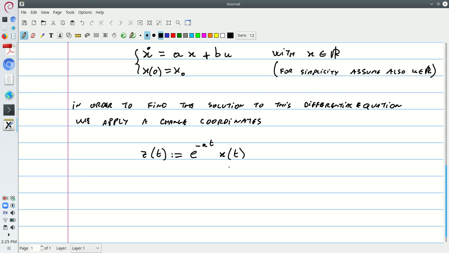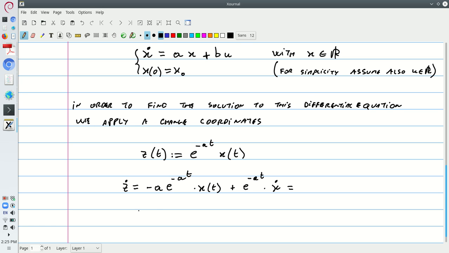So this is a change of coordinates that changes with time. I want to compute z dot. Z dot is the time derivative of a product, so I have to differentiate the first part. The derivative of exponential of minus at is given by minus a exponential of minus at times the second factor left unchanged, plus the first factor unchanged that multiplies the derivative x dot.